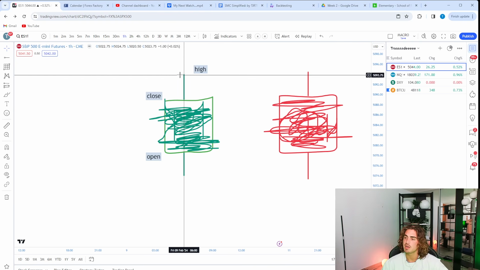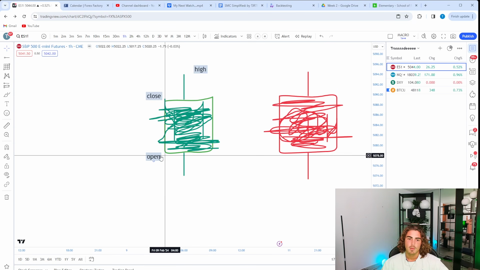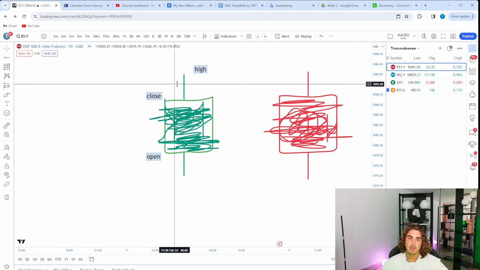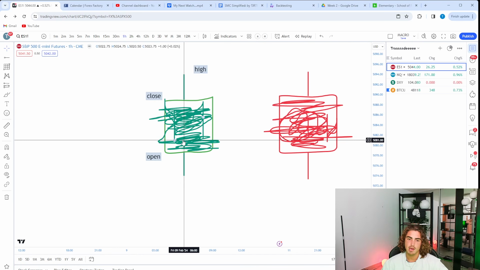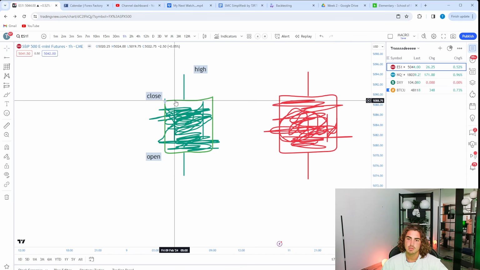You know something's been there before. Similar with price. Price opened right here, pushed all the way up to this point, and then came down and closed here. Ended that time frame right here.